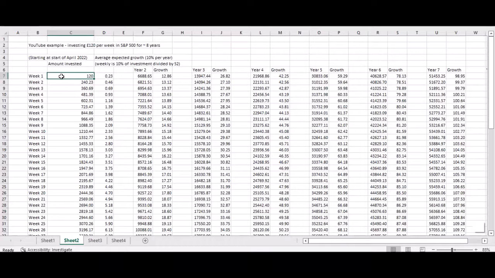Okay, so on this you can see the calculation, which is showing the weekly amounts being added, and it's also including then the calculation for the growth that you might expect to see if the S&P 500 was indeed delivering an annualized return of 10% per year.